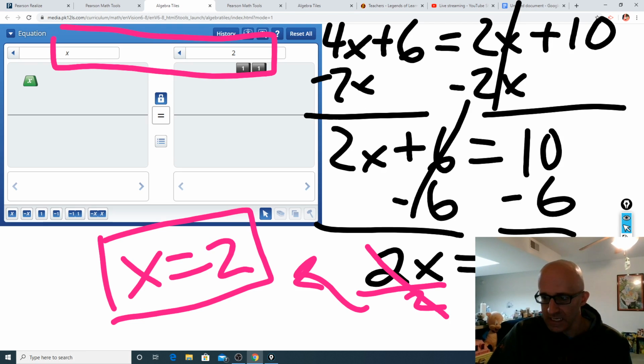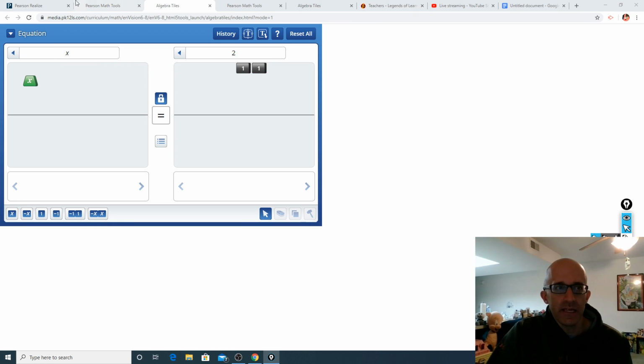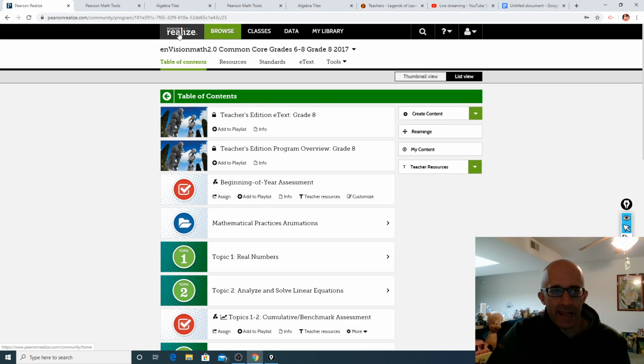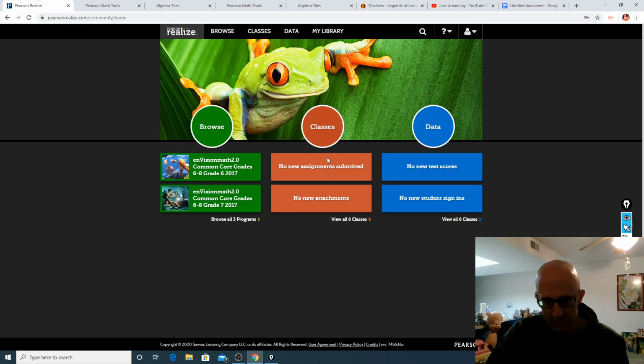So what I would like to do now is, if you guys will go back into Pearson, you should be able to click back into Pearson, and when you sign in, you're going to see an assignment. It's in that middle orange tab.